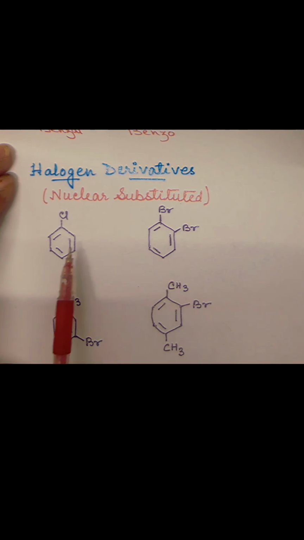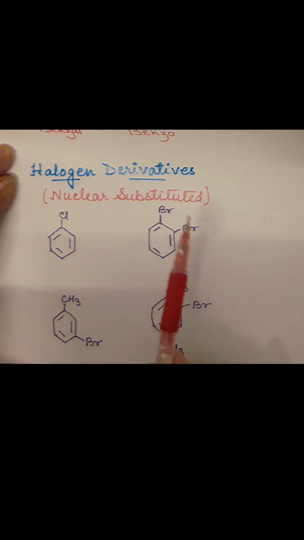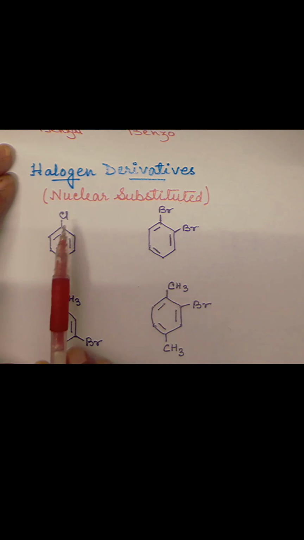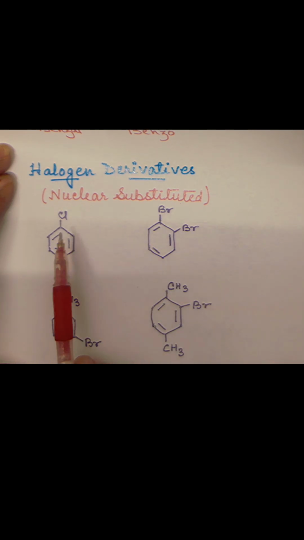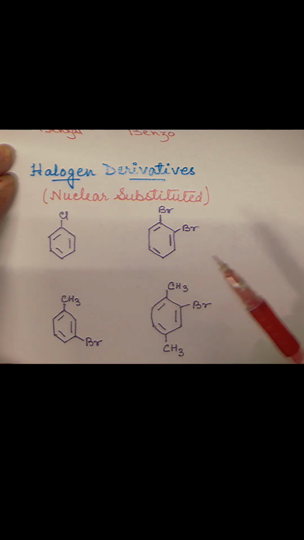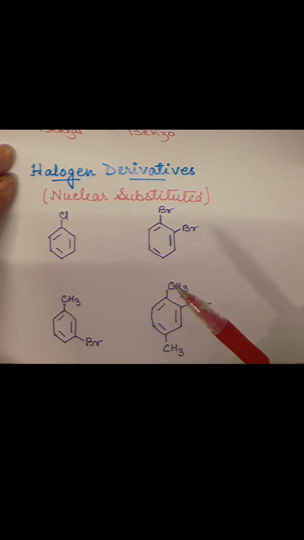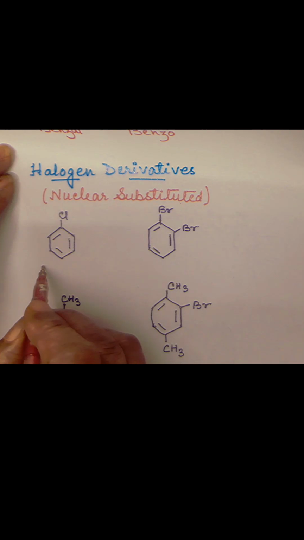It means that from the benzene ring, one hydrogen has been removed and substituted by a halogen. It may be more than one: within the ring, C6H6, out of the 6 hydrogens, 1 or 2 or maybe more have been substituted by halogen groups.